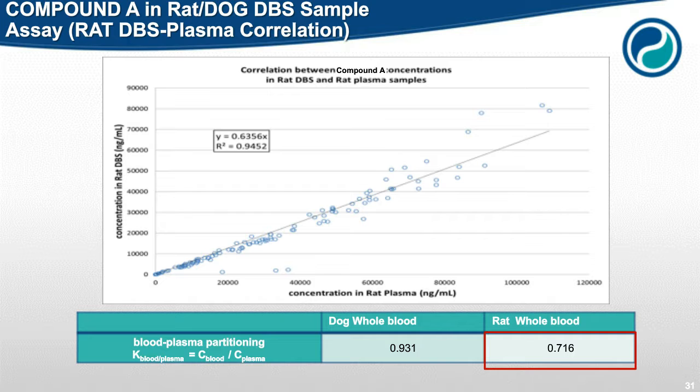And the correlation between the two are pretty linear. The slope of the fit is 0.64, which is 89% of the K-value that we determined at 500 nanogram per mil. But if you look at all the concentrations, they are at 50 or even 100 times higher than that. So again, if it is concentration dependent, we might get slightly different values, and it's only going to make the agreement better.